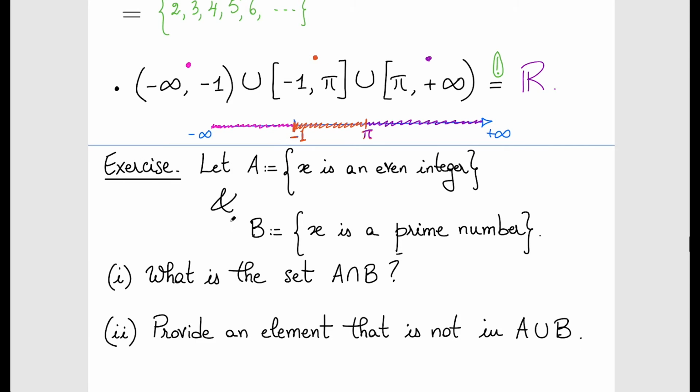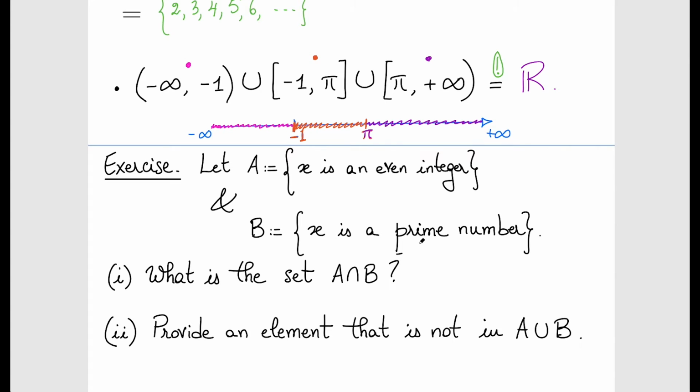Okay. All right. Here's an exercise for you to be discussed in class. Okay. So you have two sets, A and B. A is the set of even integers, and B is the set of prime numbers. Question is, I hope you understand what a prime number is. Prime numbers are numbers that are bigger than 1, and the only divisors are just itself and 1.